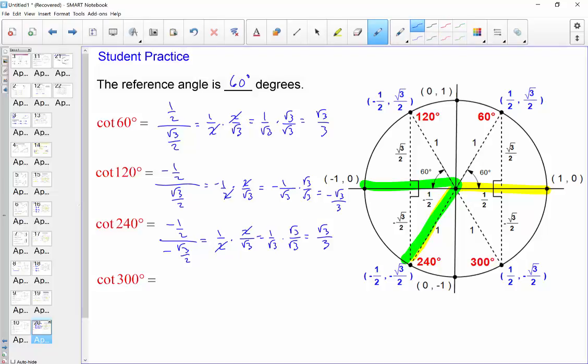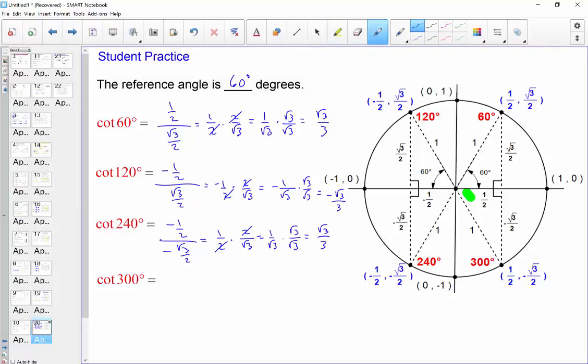And last but not least, we're going to evaluate 300 degrees. Okay, 300 degrees. So our reference angle, again, 60 degrees. The adjacent side in quadrant 4, again, we're right here.